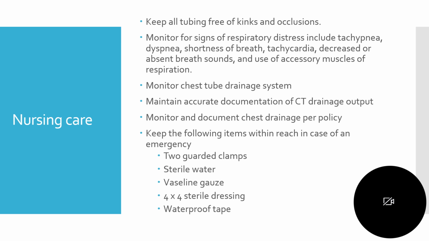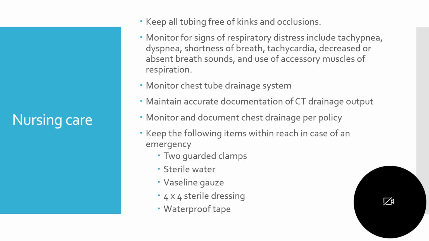Again, you always want to keep an eye on your patient and monitor their respiratory status. Check to see if they're having shortness of breath or tachycardia. When you're listening to the breath sounds, are there absent breath sounds? Is the patient using accessory muscles? You're going to monitor the drainage in the chest tube and make sure that it's draining.